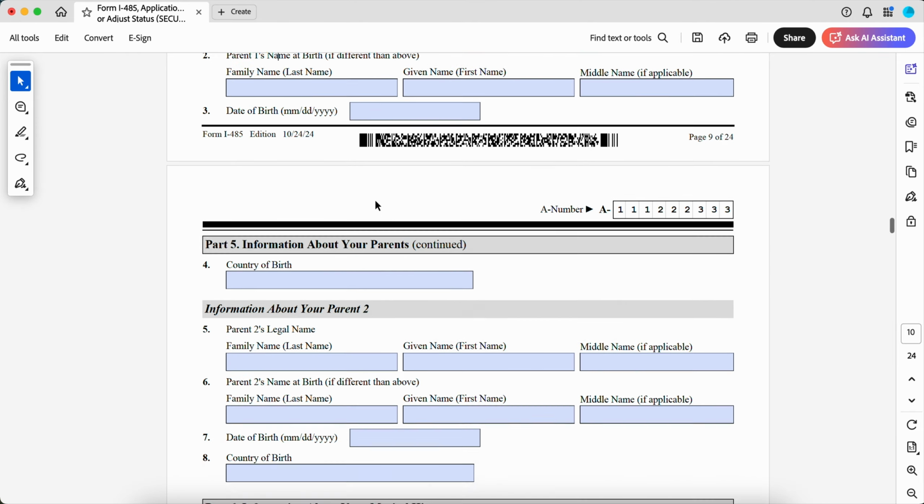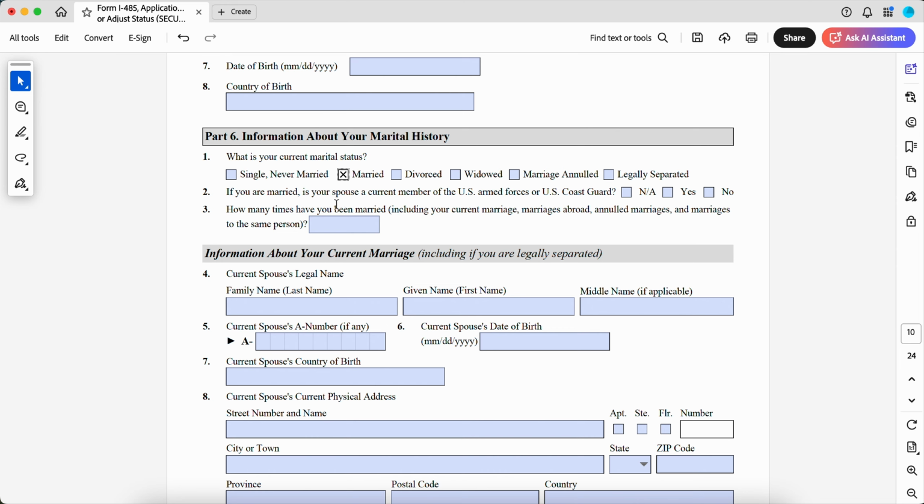Your marital history. If you never married, you write that. You have to send the form I-485 after your marriage to the US American citizen. So here you will probably write married.